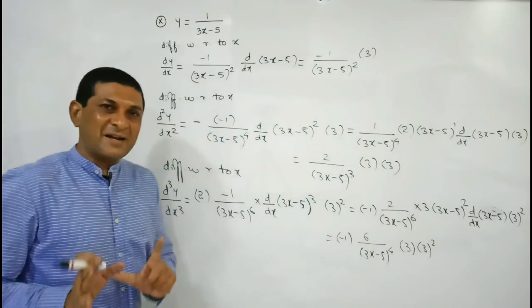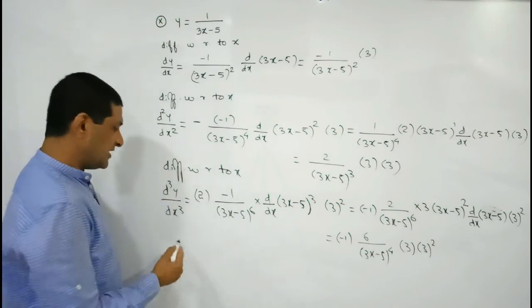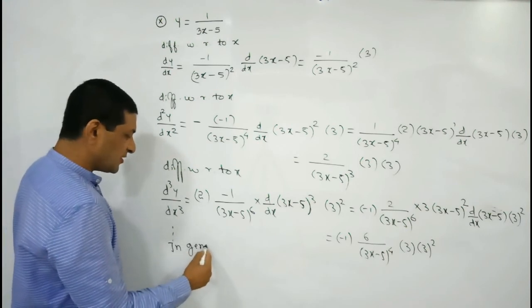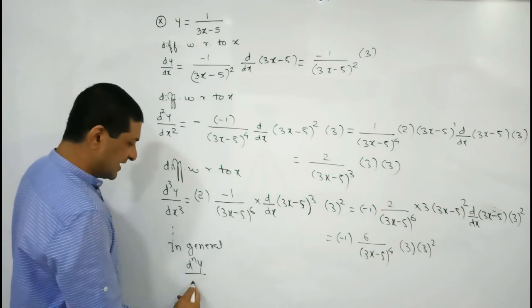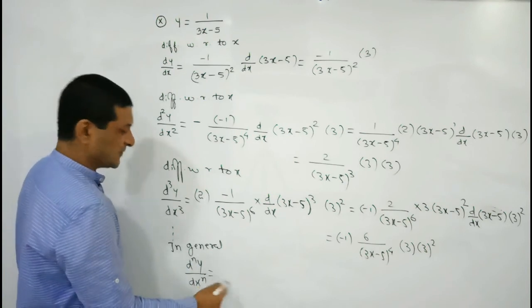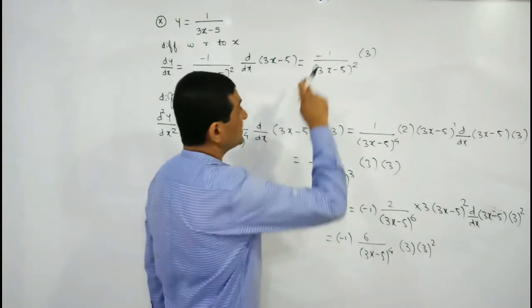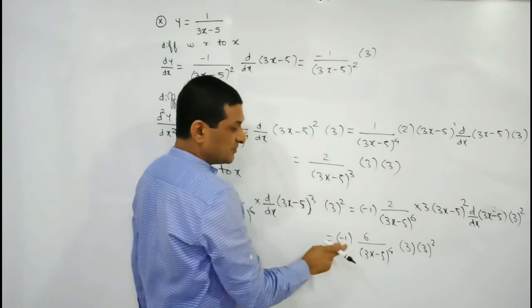Now we only have to arrange the terms so that we are easily able to find the value of the nth order derivative. So in general the nth order derivative will be equal to, okay, now here we can observe that there is a minus, meaning a negative sign, in the second case positive, again negative.